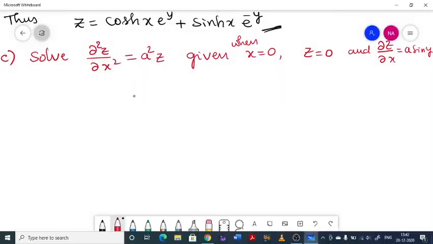So this is the given problem statement. As usual, solution.